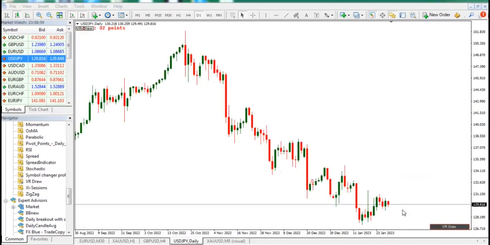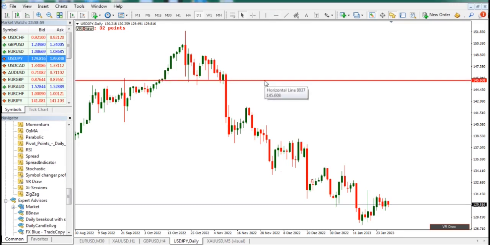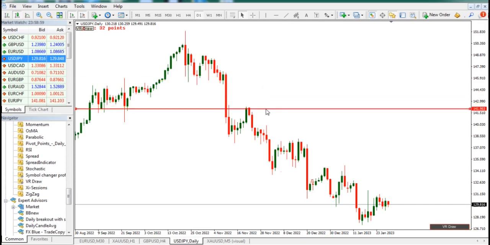One more thing, guys, I would like to mention very clearly: whenever you draw support and resistance lines, specifically when you have applied the indicator or the expert advisor, you don't plot this horizontal line. These lines are drawn forever across the entire chart.